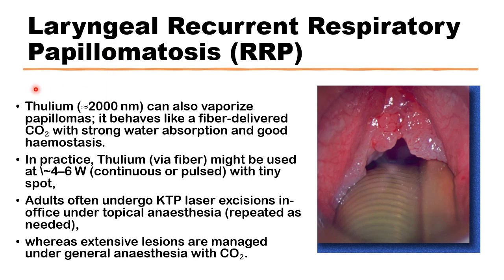The alternatives also include the thulium laser, which can also vaporize the papilloma. It behaves, fiber delivered, much like a carbon dioxide laser. Water and the tissues have a high coefficient of absorption, so it can give good cutting and ablation, but also has a good hemostatic effect.